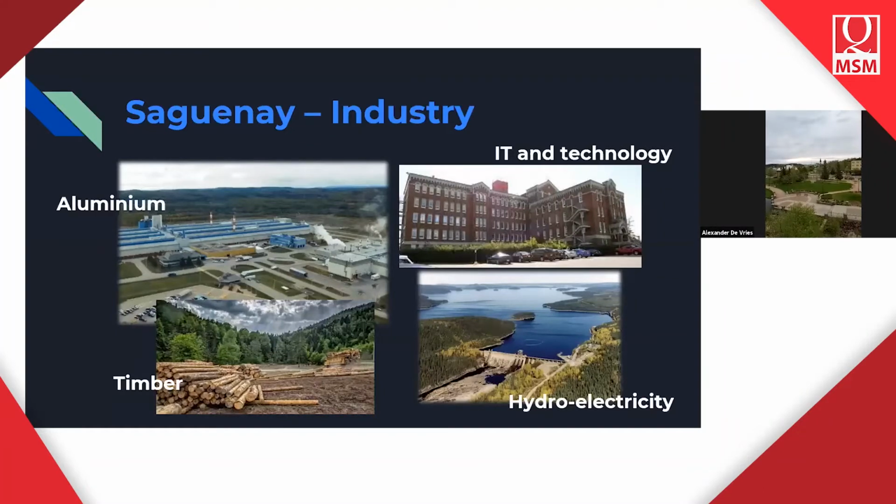That is our campus, and we share it with CGI and a number of other IT and technology companies. So it's a real hub of IT and future technology. So it's great for the students when they finish their classes. They can often go and work there and do their internship there. And then hydroelectricity, as I say, we have 3 hydroelectric dams here producing a lot of electricity throughout Quebec.